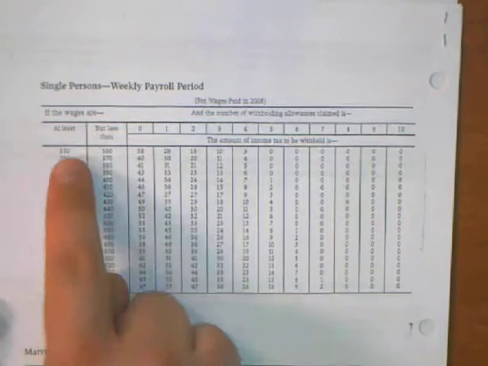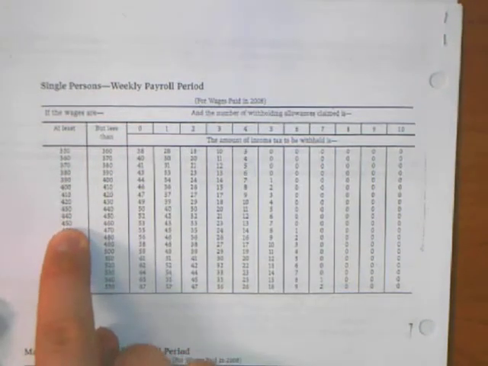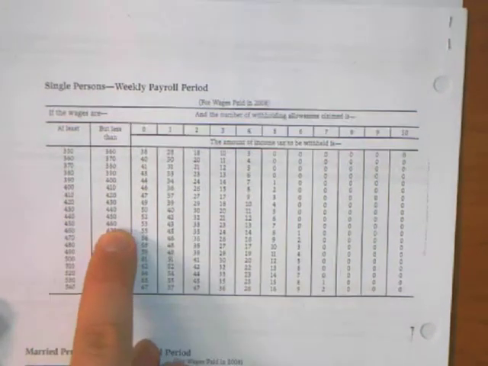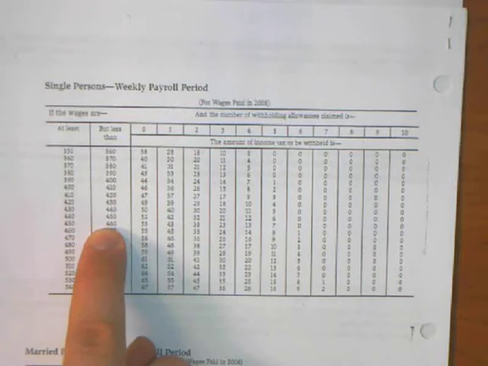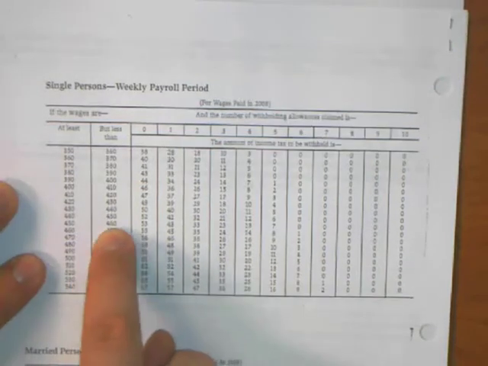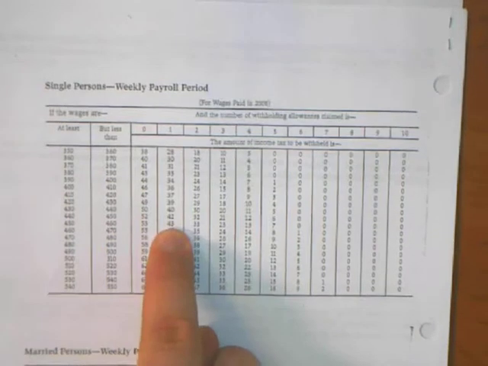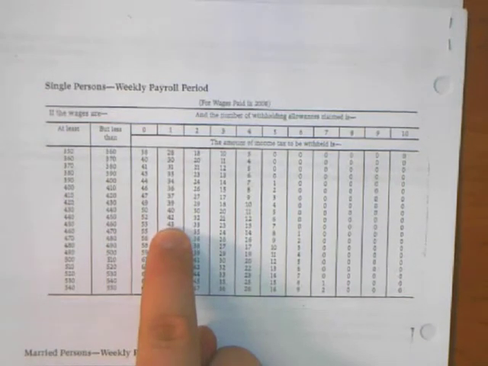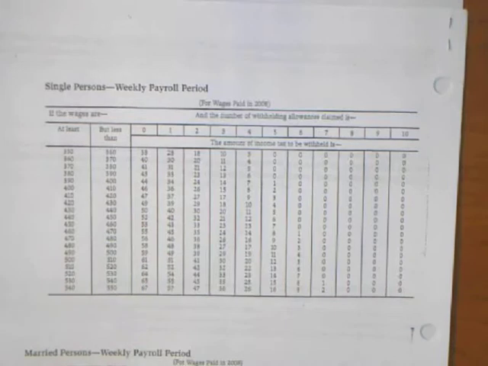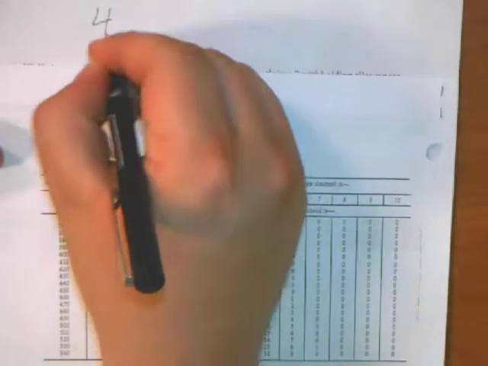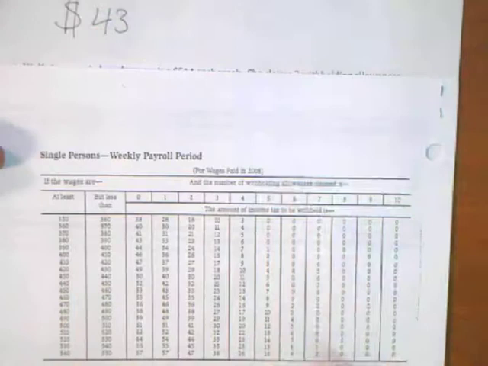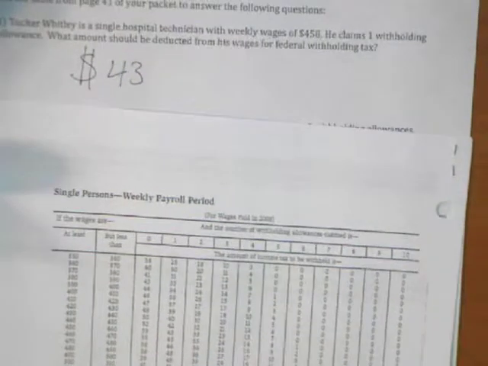Let's find 458. It starts at 450 and goes up to 460, so he's in this row here. And he claimed one allowance, so we'll slide over to the one column. Tucker should be having $43 withheld from his paycheck in this case.